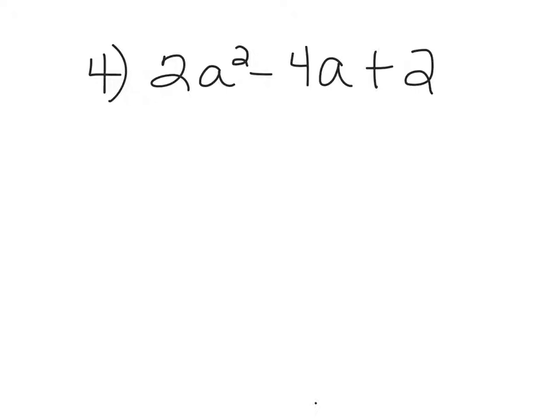The first thing I need to do is to look at this and see if they have any factors in common. So I notice that they have a 2 in common, so I'm going to pull that out first, and then I'm going to write the factors that are left over.